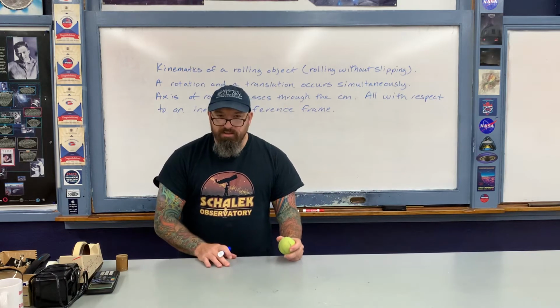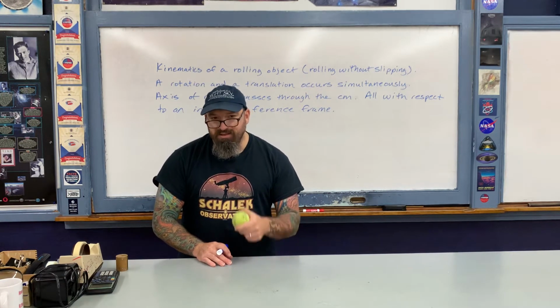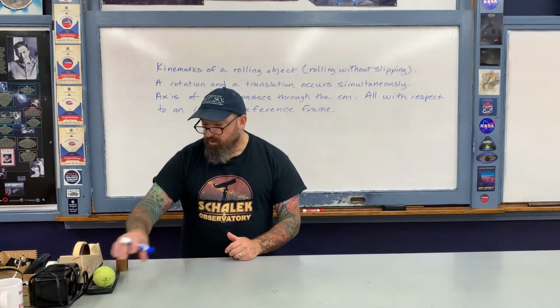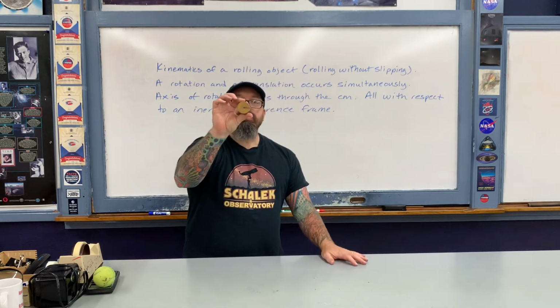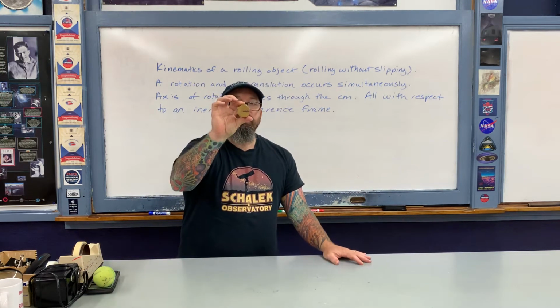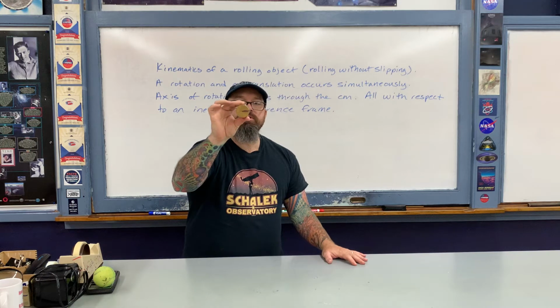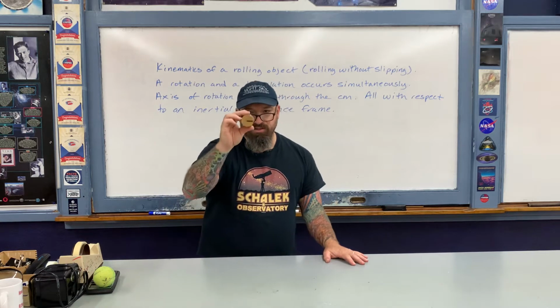Now the axis of rotation, as I said, passes through the center of mass. If the axis does not pass through the center of mass, then the situation physically is much more complicated. So consider, for example, this slotted weight. This slotted weight is shaped like a cylinder, so the axis of rotation passes through the geometrical center of the cylinder. But because of the asymmetrical distribution of matter within this cylinder, the center of mass is not at the geometrical center of the cylinder.